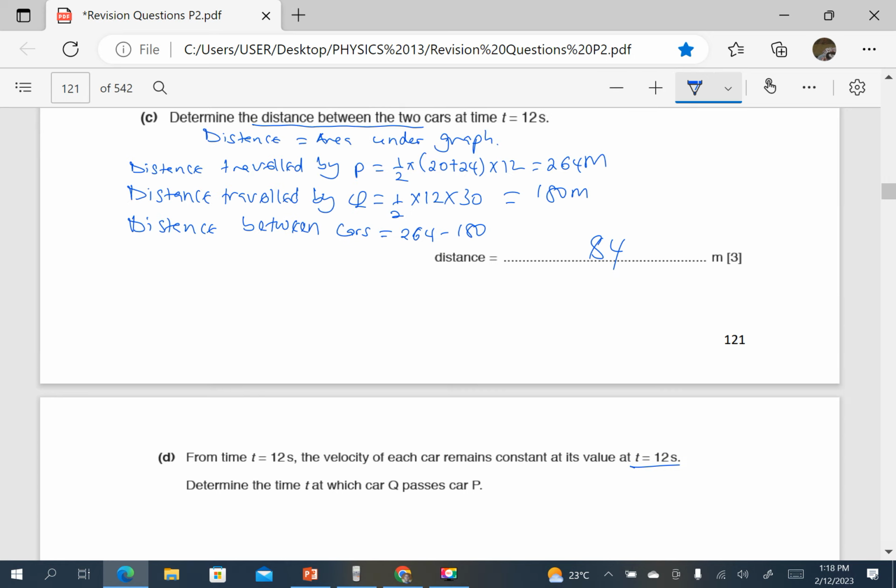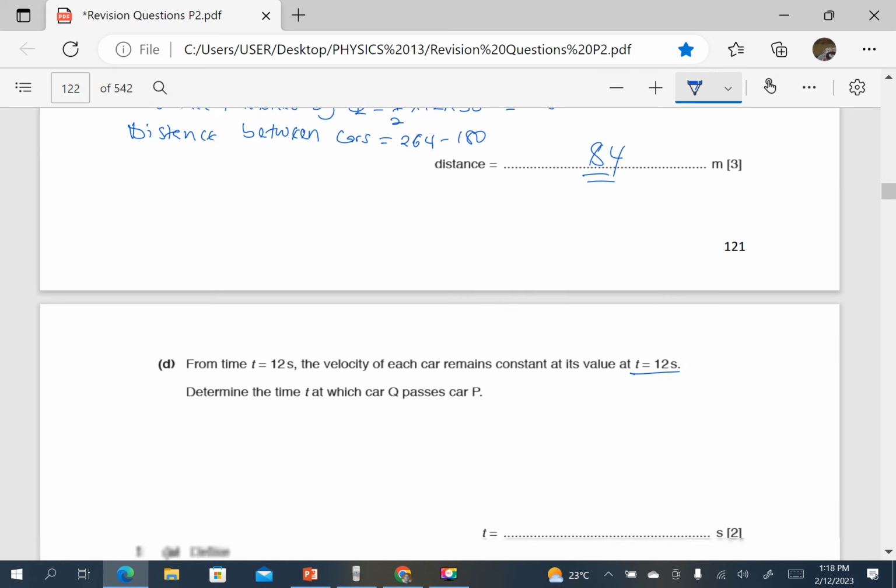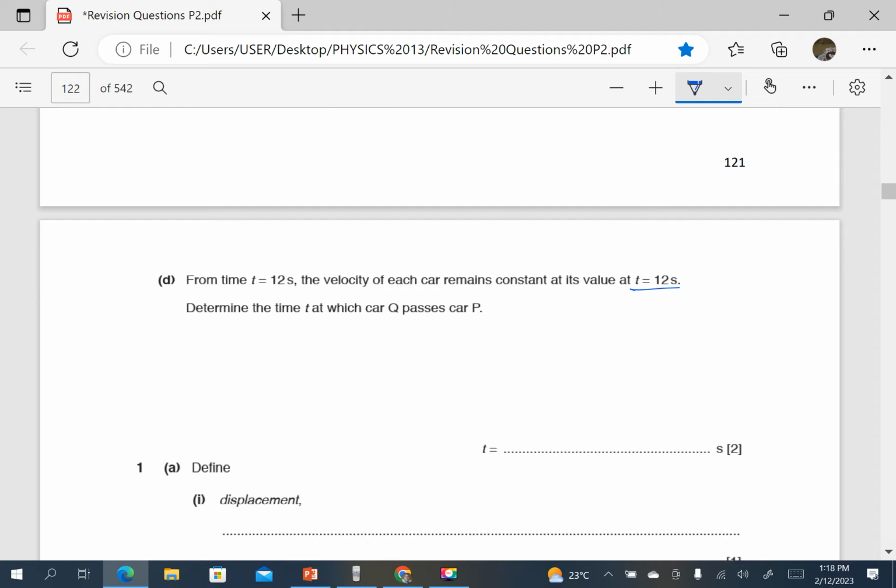We see the distance between them. Let's find the difference in speed, because the velocity of each car remains constant.